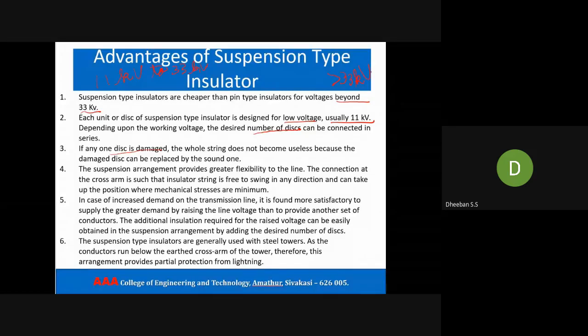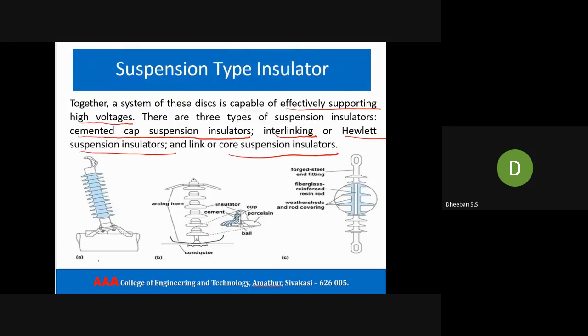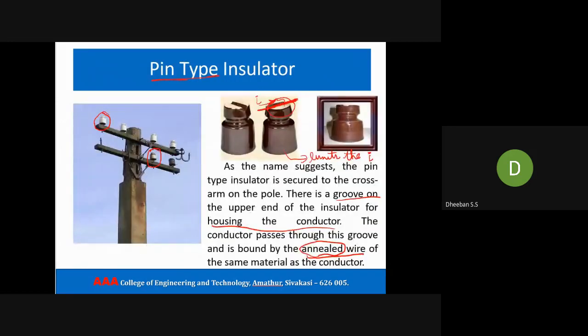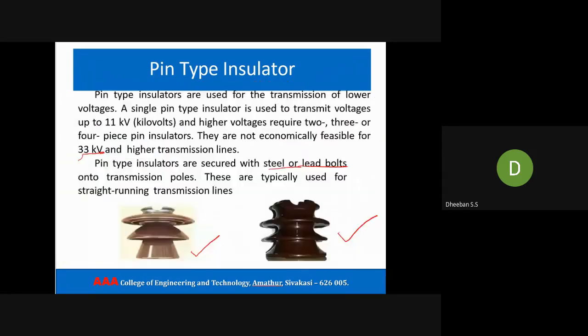This suspension arrangement provides greater flexibility and support to the line, and it mainly reduces the stress over the line. In the case of a pin type, you have to bolt over the groove of the pin type insulator, so this causes stress over the conductor itself.